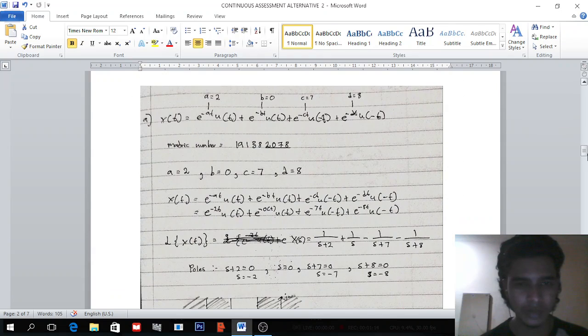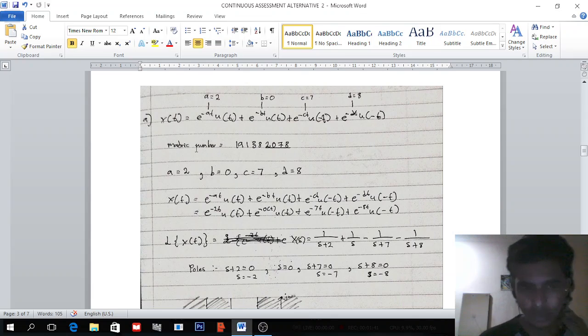As for question 1, the given equation is e^(-at)u(t) + e^(-bt)u(t) + e^(ct)u(-t) + e^(-dt)u(-t).